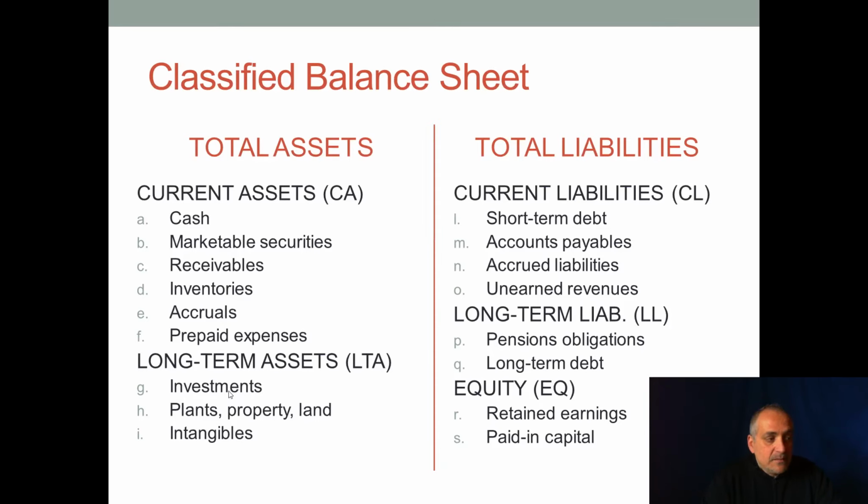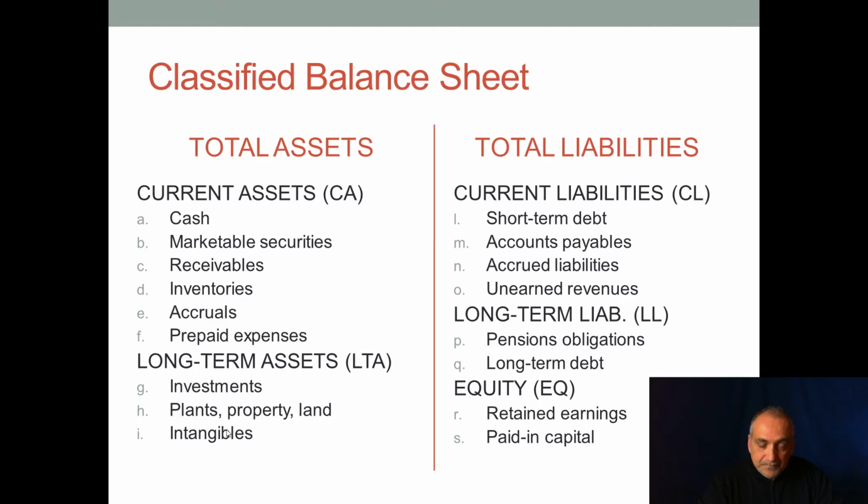Then I've got plant, property, and land. So the part of fixed assets related to something tangible. My machinery, my buildings, everything, okay? And then, when I talk about brands, when I talk about royalties and everything that is immaterial, intangible, then I have something which is classified as intangible.